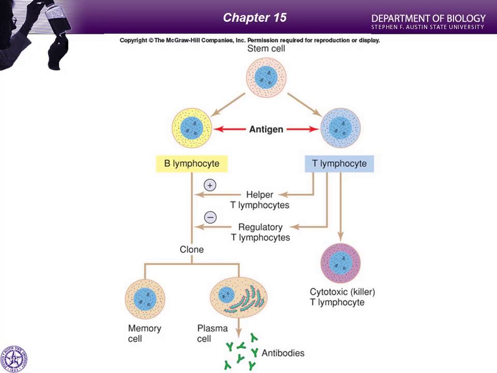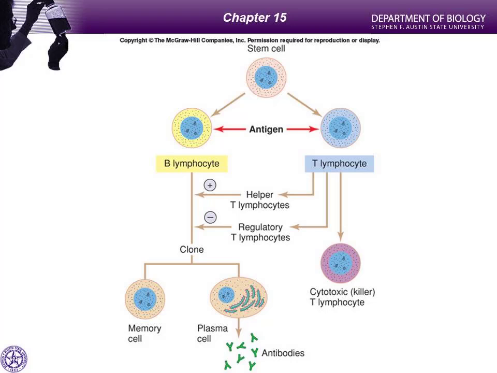So this illustration shows our common bone marrow stem cell, eventually giving rise to the distinction between the B lymphocyte and the T's. The T lymphocyte is either going to produce a helper T, regulatory T, or a killer T. The B lymphocytes, as they get exposed to antigens and they clone themselves over and over, make hundreds and hundreds of copies, they're going to eventually produce a plasma cell that's our antibody factory.